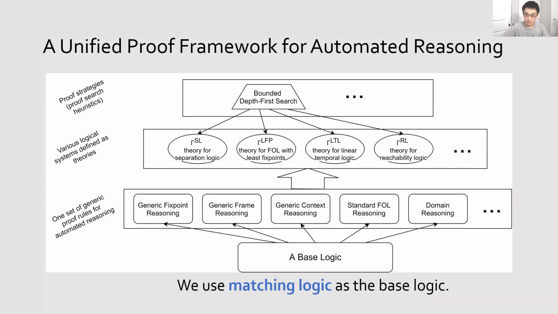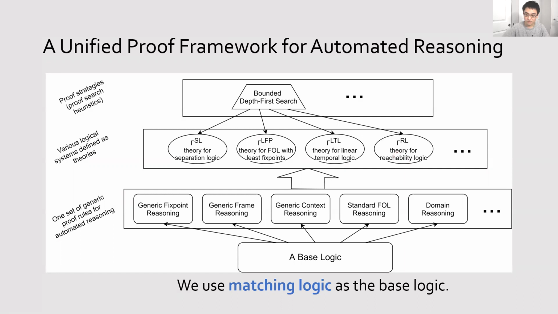The proof framework applies the generic proof rules to the given logical theory, and the result is a specialized automated prover for that logic. Note that the proof framework is generic because the same set of proof rules is applied to all the logical theories that we use to instantiate the framework.